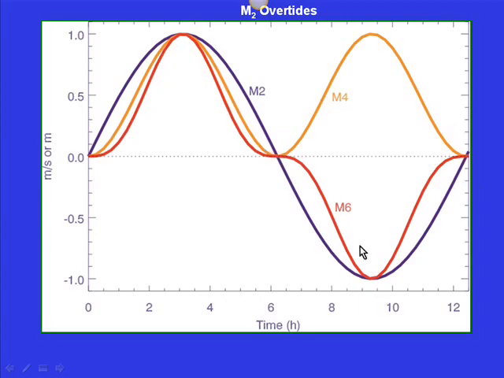And this M6, this shape, just arises from multiplying U, if U is a cosine of the M2, times the absolute value of the cosine of the M2. So you can generate this red line just by multiplying cosine of M2 times time by the absolute value of cosine of M2 times time.